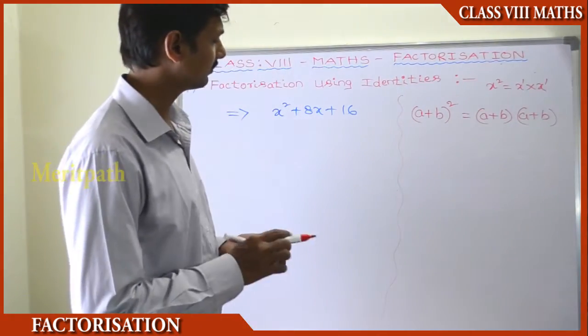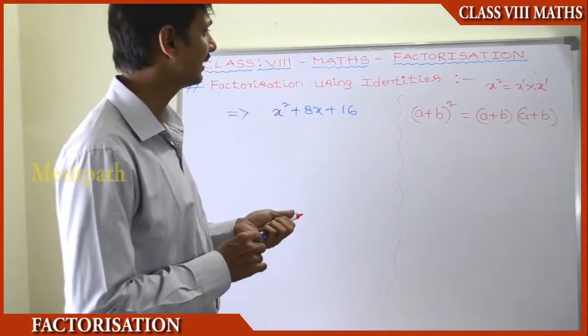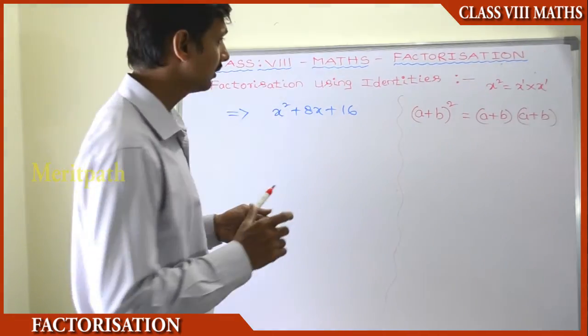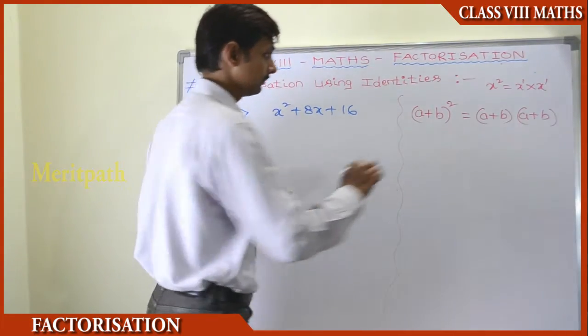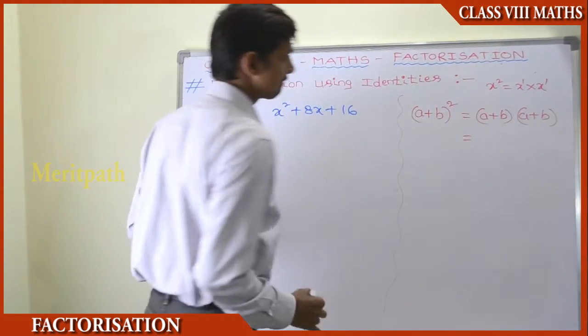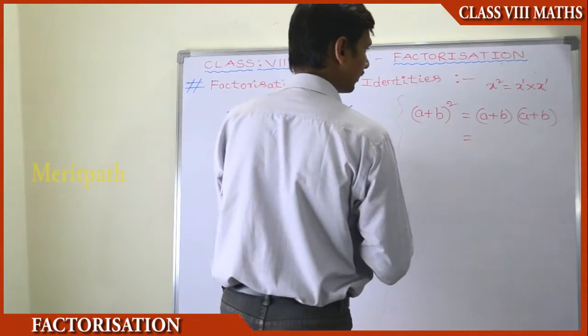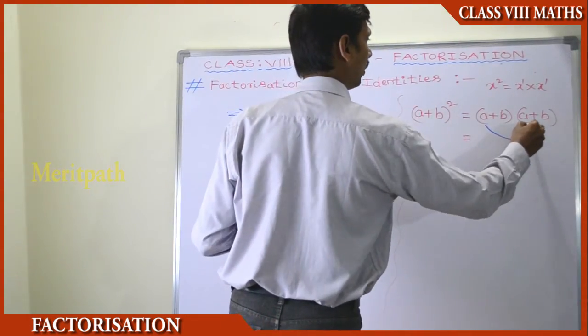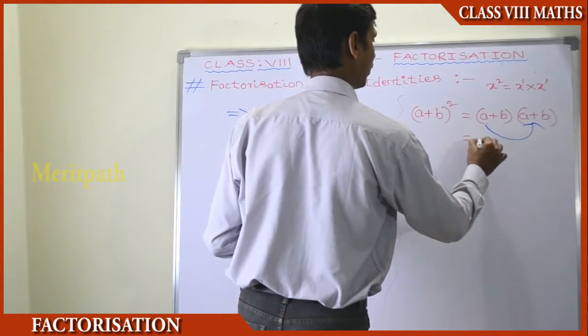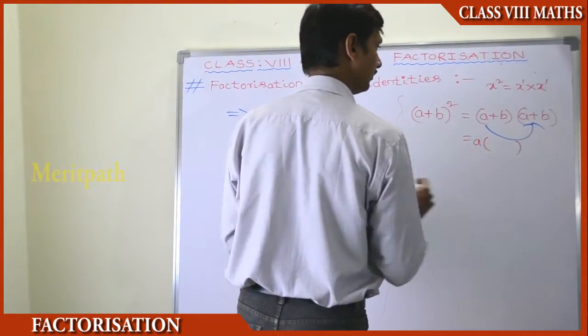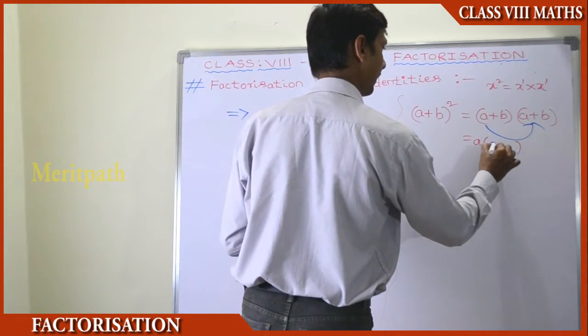So let's see how we will get the expanded expression from (a plus b) whole square. Let's multiply first with a, over the term a plus b. So write a and multiply with the whole term a plus b.